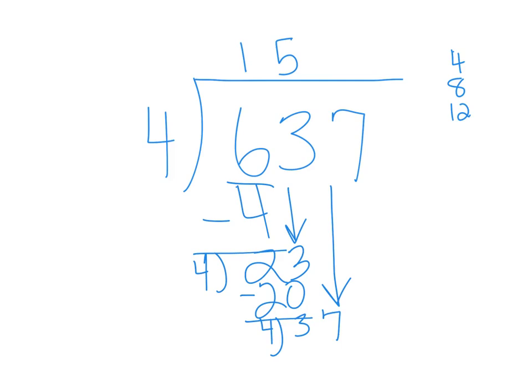And so I'm going to go ahead and say it here. 4 can go into 37 9 times because 4 times 9, if you know your facts, is 36. And I got really close there. And so I'm going to have a 1 that is what is basically left. It is left over. Now, at this point, this should have been something that popped up last year in 4th grade. This is one where 4 could not go into 637 equally.